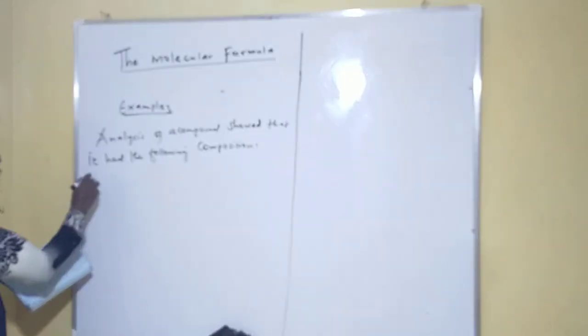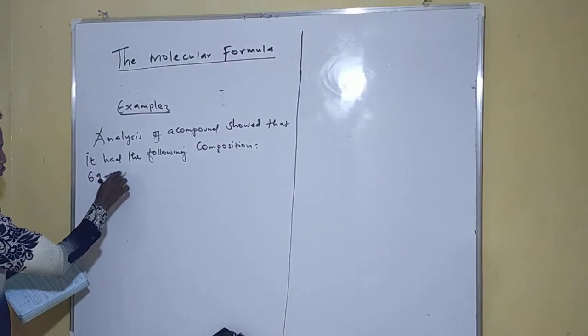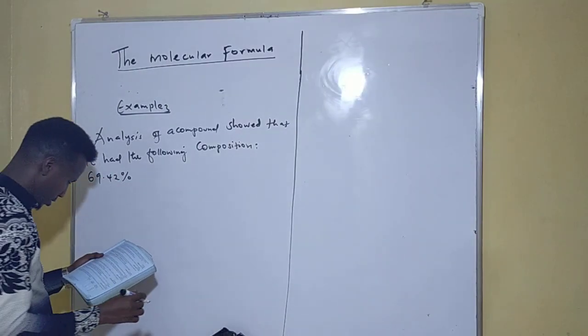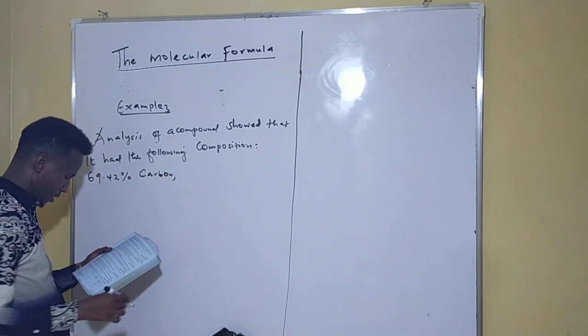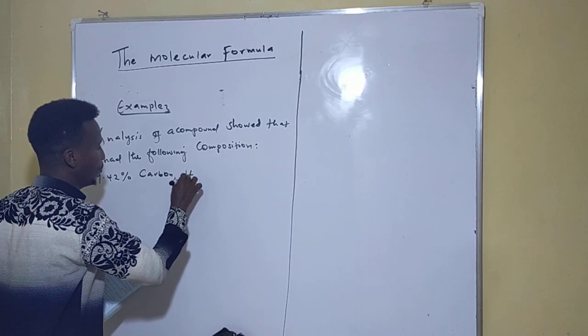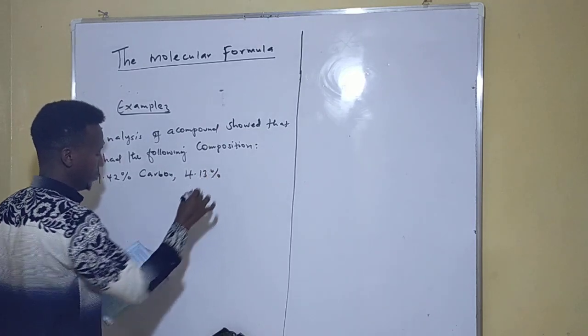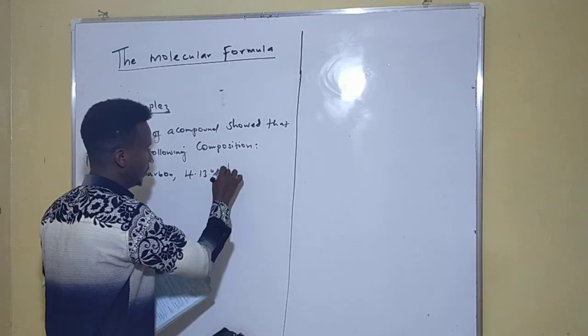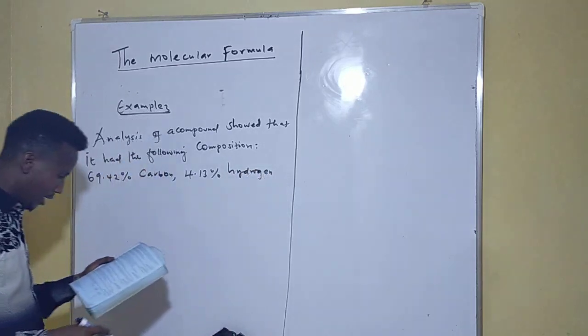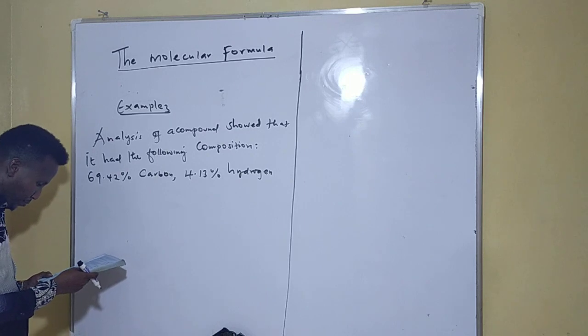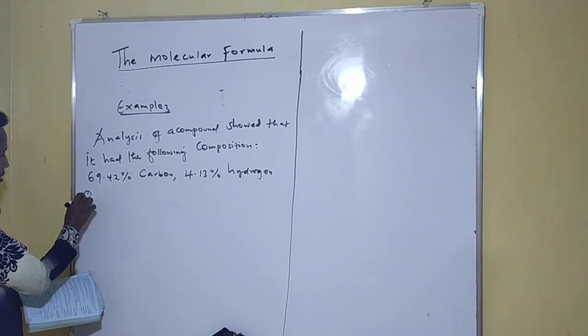Look here, 69.42% carbon, then we have 4.13% hydrogen, and the rest oxygen.